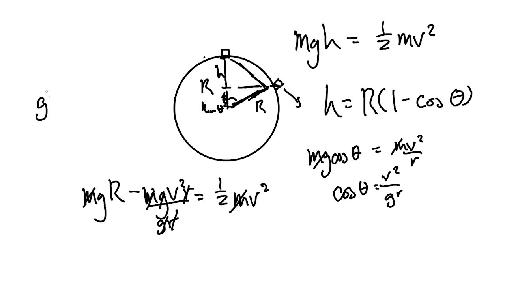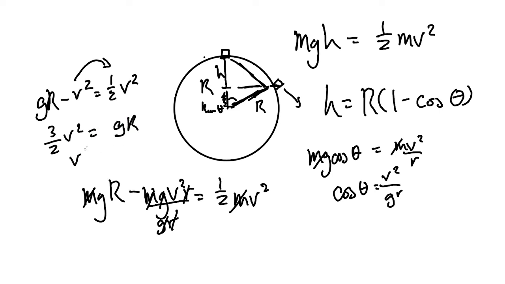That gives us gr minus v squared is equal to 1 over 2 v squared. If we move this over here, that means that 3 over 2 v squared is equal to gr, which means that v squared is going to be equal to 2gr over 3.